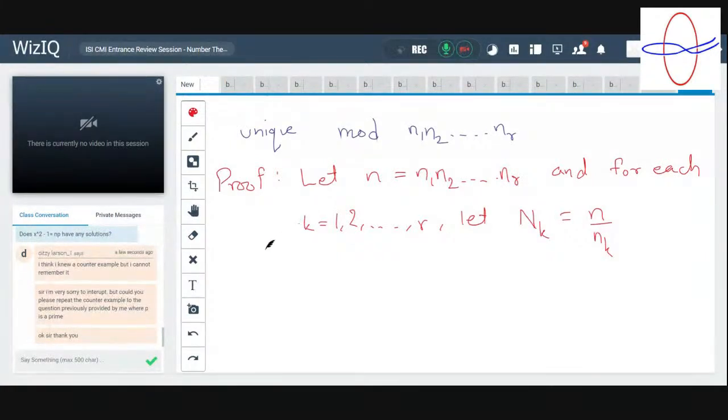Now, since GCD of capital Nk comma small nk is always 1, this congruence always has a solution. So this congruence I'm talking about clearly, Nk x congruent to 1 mod nk for all k has a solution.